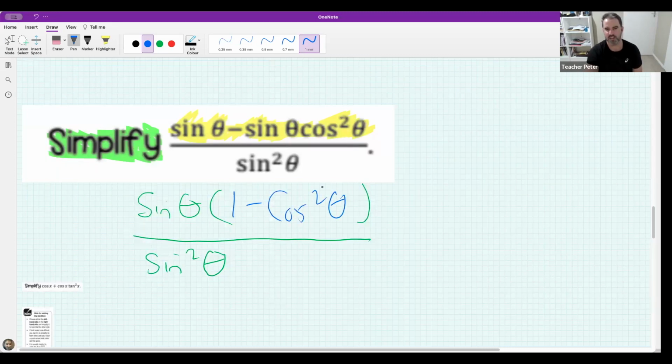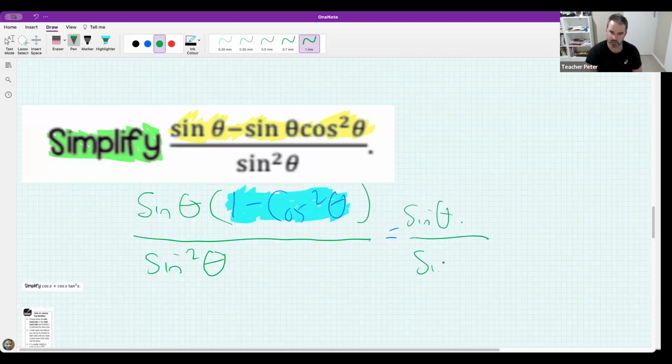Yes. Now that's good news because I feel like I've seen this 1 minus cos squared theta before. I feel like it's like an old friend who's come to visit. Now, what could I rewrite 1 minus cos squared theta as? So I know I've got a sine of theta. I'm busy figuring out what this can be replaced as.